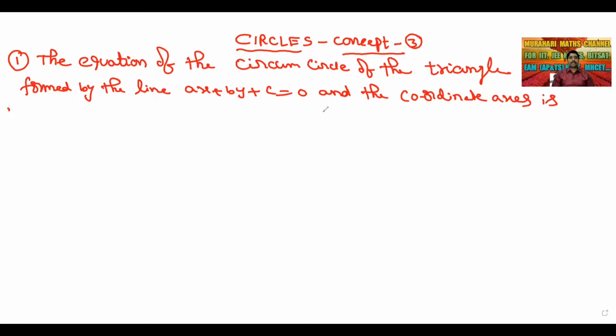This is very important: ab times (x square plus y square) plus c times (bx plus ay) equal to 0. Now let us explain this point.